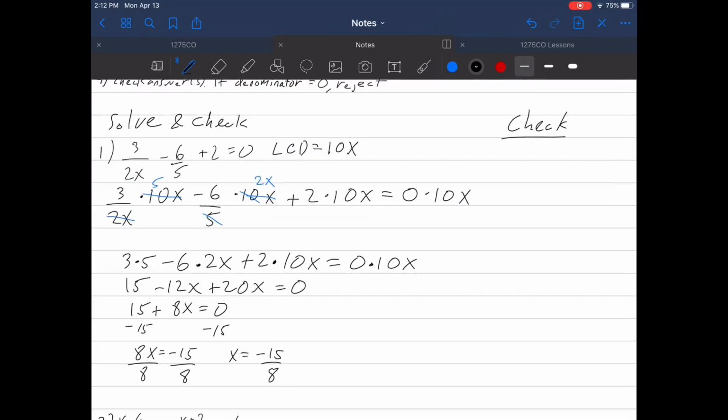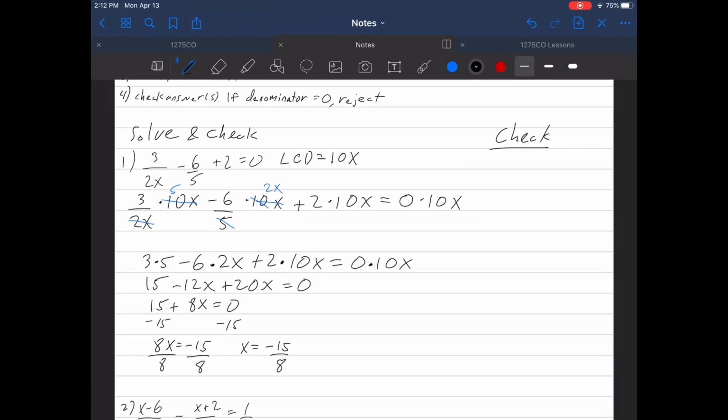Now, in order to make sure that this answer is good, we're going to check our answer in our original equation. That is 3 over 2 times negative 15 over 8 minus 6 over 5 plus 2 is equal to 0.